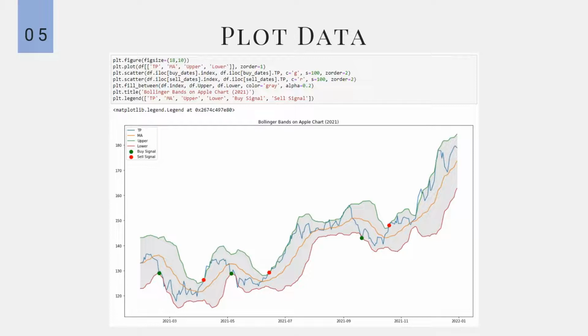So here we see the plot we've already seen earlier, now with the code, and where we have all the buys and sells that we would have had. Alright, that's basically it for the calculations and the plotting. So let's get to the interesting part, to the evaluation.